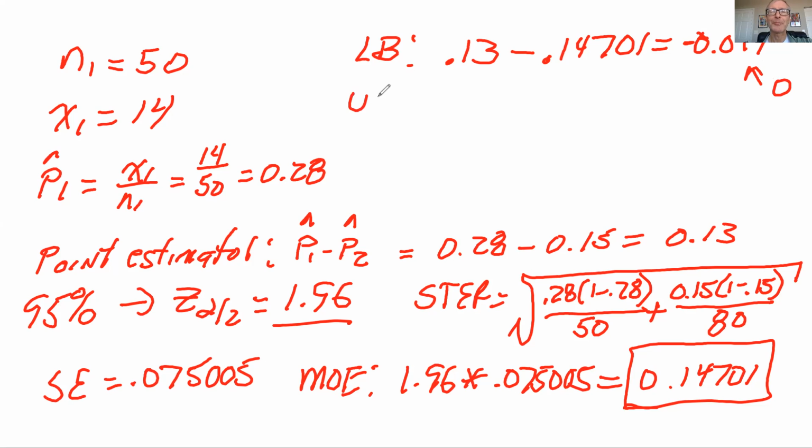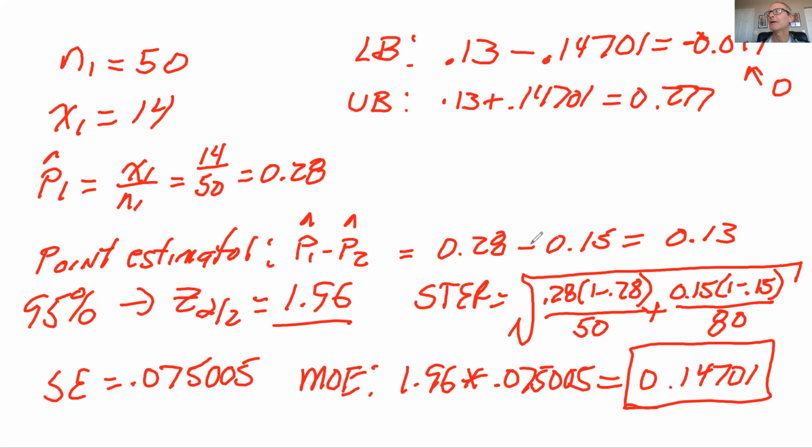And then the upper bound would be 0.13 plus 0.14701. And if you did that, and we'll round to 3 decimals, it would be 0.277.